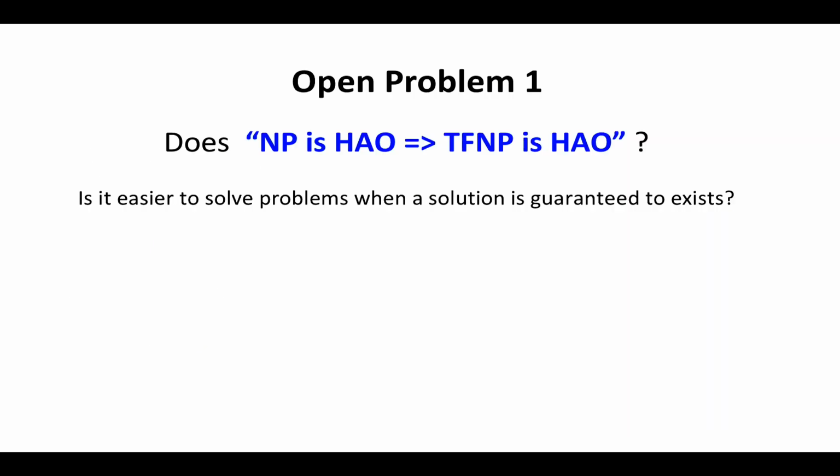So an important open problem is: is it the case that these problems in TFNP are actually as hard as general NP problems on average? In particular, is it the case that if NP is hard on average, then TFNP is also hard on average? Or another way of stating it, is it easier to solve problems when you're guaranteed that they have a solution?